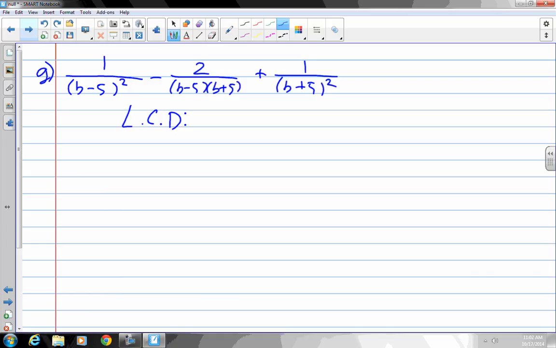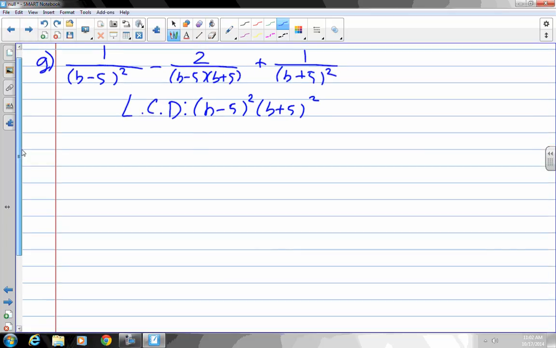Same thing with b plus 5. So you have b plus 5 and b plus 5 squared. We always take the highest powers. Is that okay? That's what we agreed on. That's how we find the common denominator for a numerical example. If there is a prime factor that repeats more than once, we always choose the highest power.